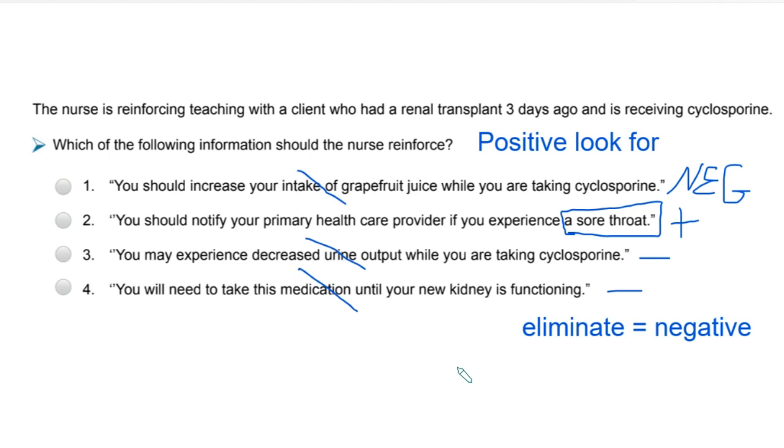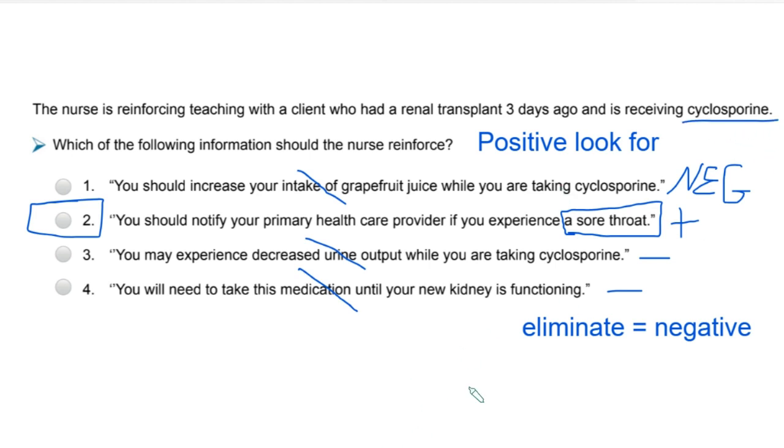It's not really expected, and we really can't say when you're going to stop taking this med. So we reason those out, and that gives you option 2. Option 2 is the most positive. It's the most definite thing that you are going to inform your patient that they are going to be at a higher risk of infection, and you want them to monitor for signs and symptoms of infection.